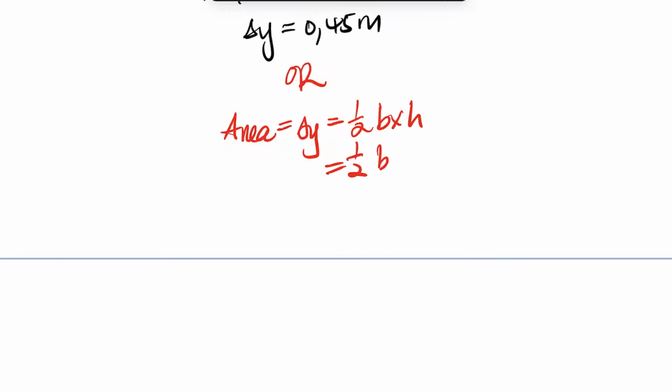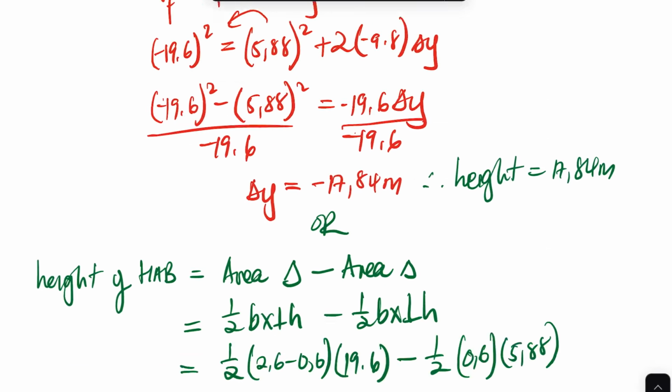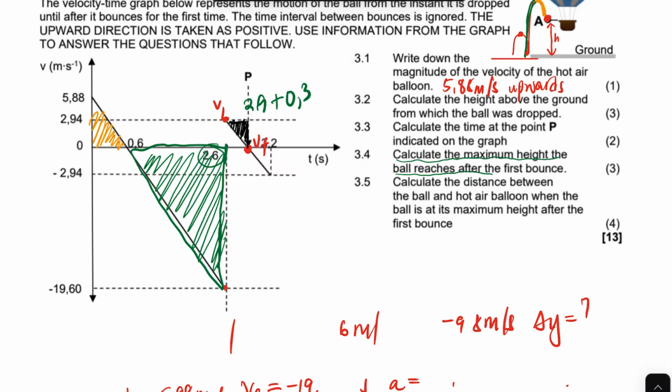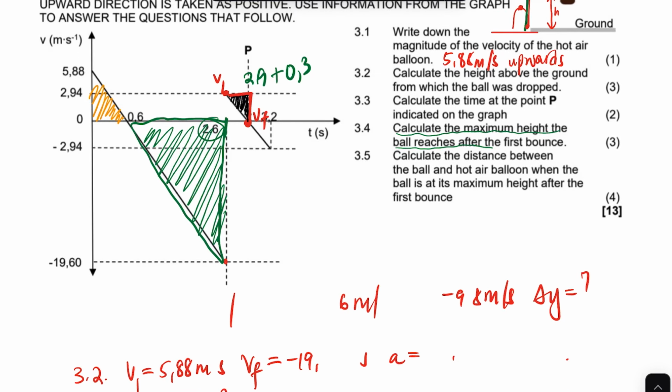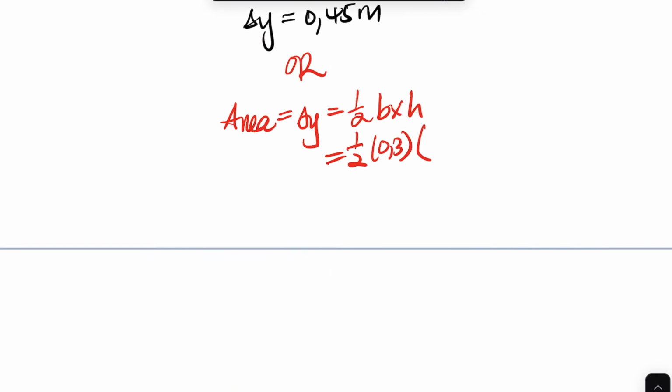Our base there is what? It's time. And what is our time? It's 0.3. And what is our height there? The height here, it's from there to there. The base is there to there. So we already put the base there, it's 0.3. The height, it's 2.94.